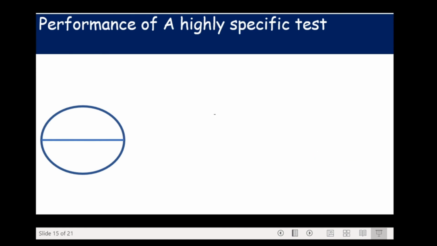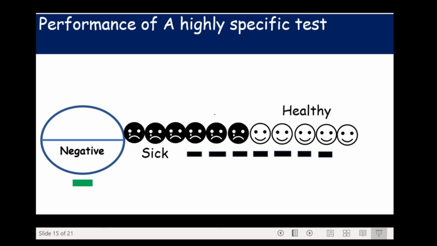A highly specific test is quite conservative, and when negative, a highly specific test has high fidelity for healthy subjects, even so much that it continues to lag behind as negative even in a few sick people, making them false negative.